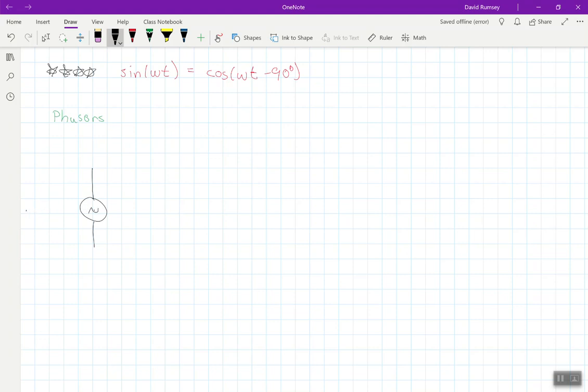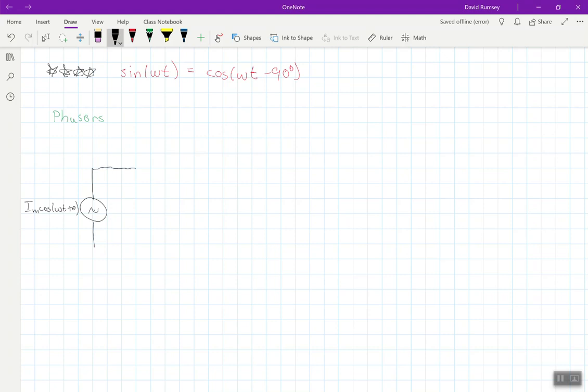And so this is going to be some I sub m cosine omega t plus theta, and current, and of course the units would be in amps or milliamps or something.